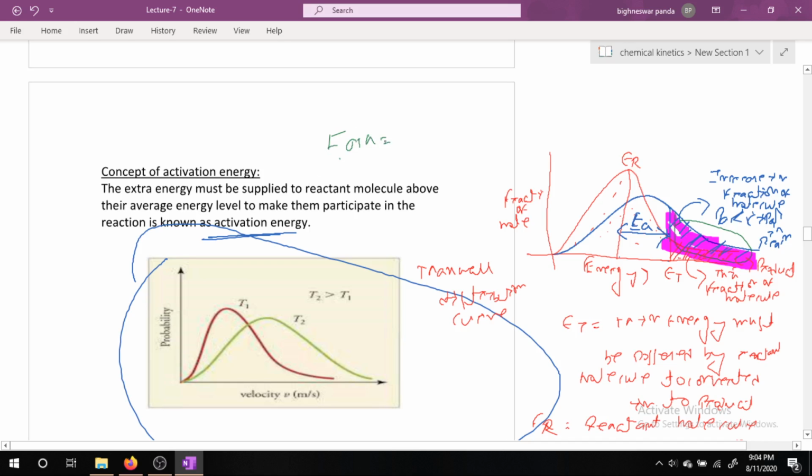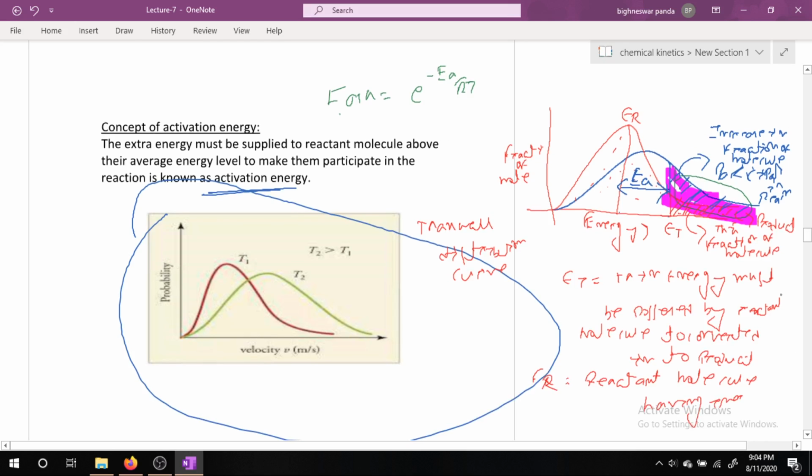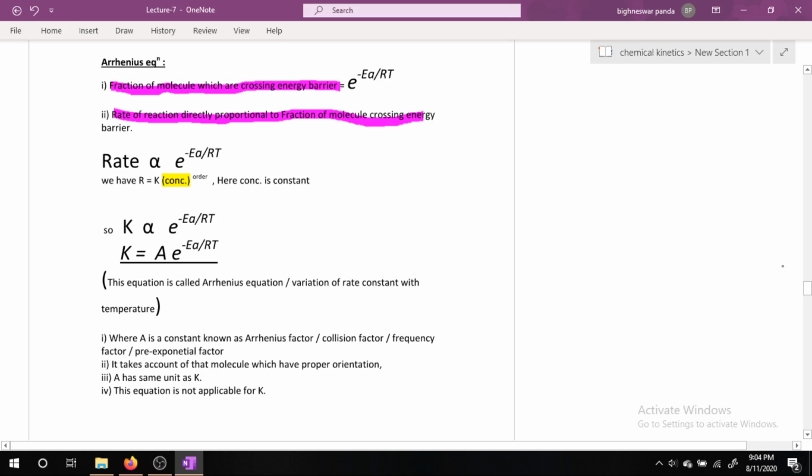More is the fraction of molecules, more is the rate of reaction. So I can write rate of reaction directly proportional to e to the power minus EA by RT.